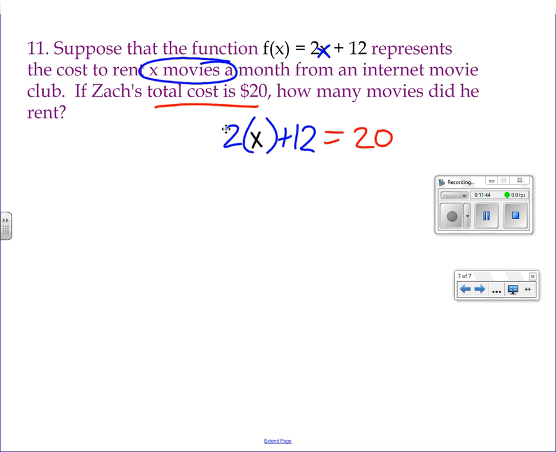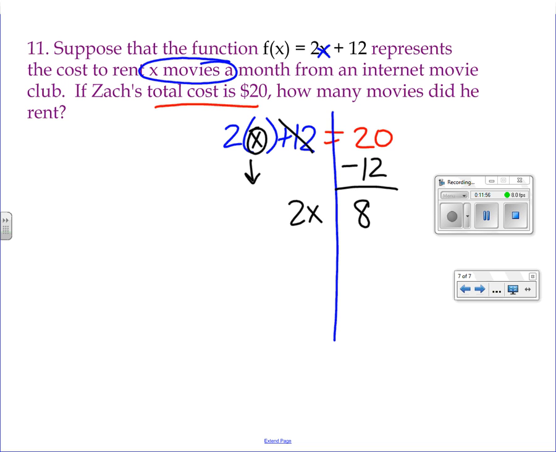What do I need to do? Need to draw my line, circle x, and let's get rid of plus 12, minus 12, gives you 8. And the opposite of multiply is to divide. Well, 2 goes into 8 4 times. What is the 4? 4 movies, and that cost him $20.